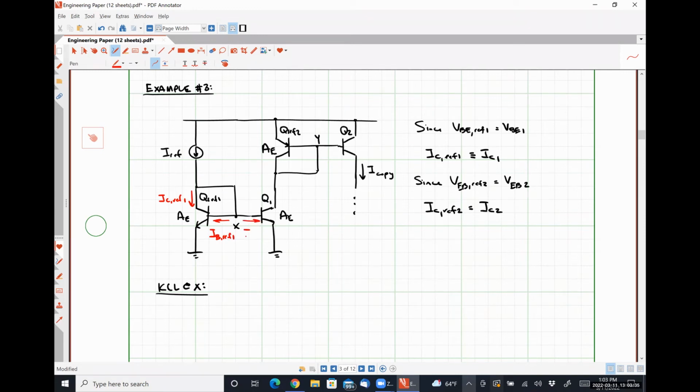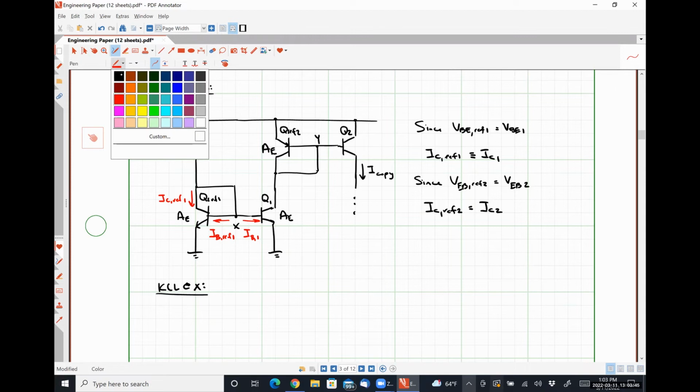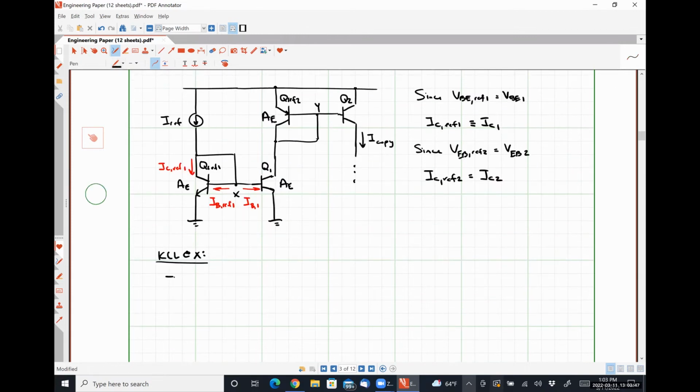And this current, which is IB1, is leaving. Are we all okay with that? So we can say that I ref is equal to IC ref 1 plus IB ref 1 plus IB1.